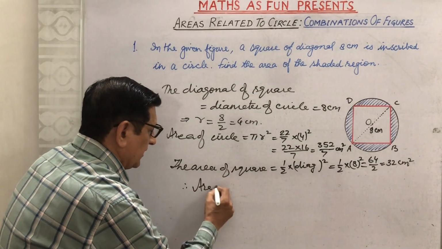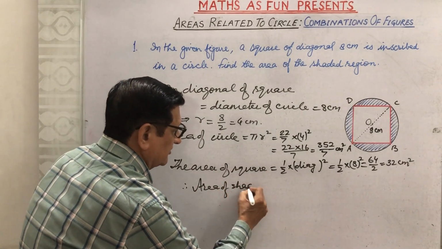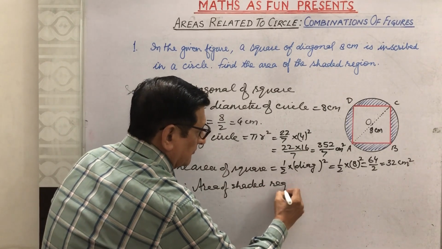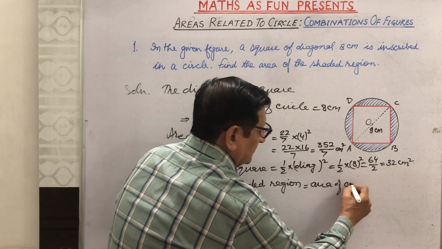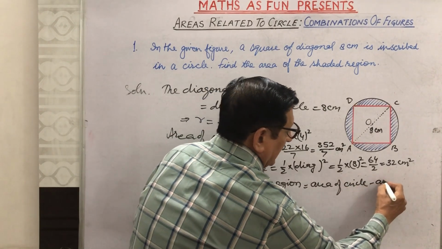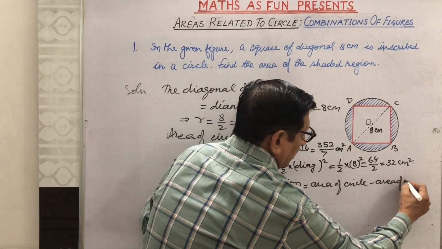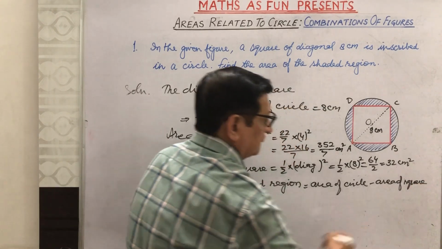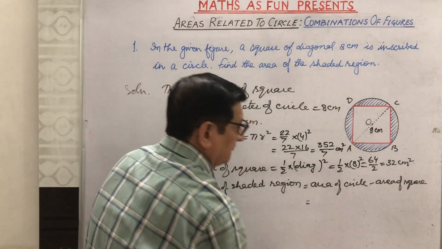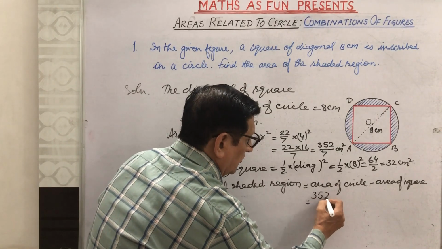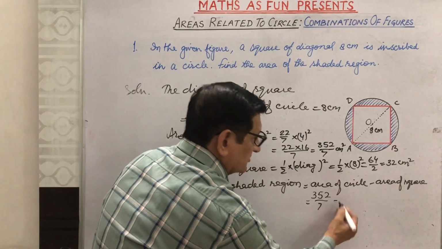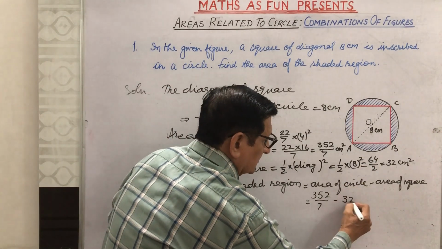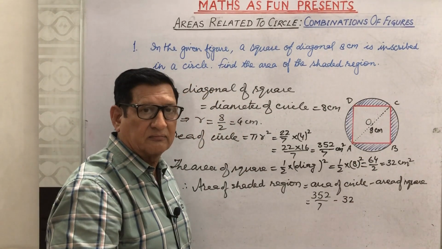Therefore, the area of shaded region is equal to area of circle minus area of square. That is equal to 352 upon 7, that is the area of the circle, minus 32, that is the area of the square.